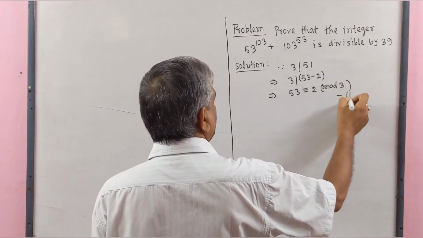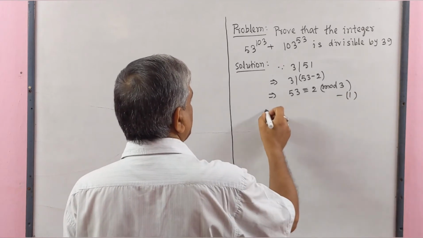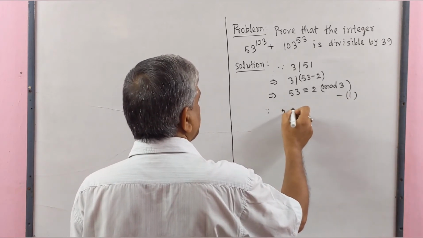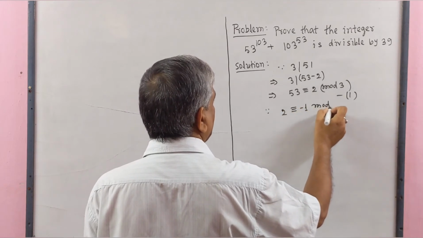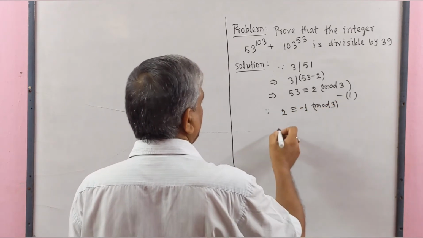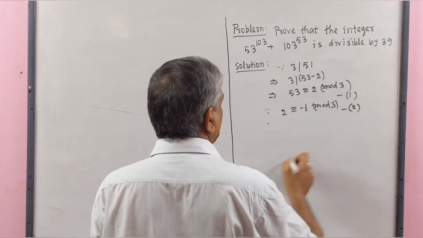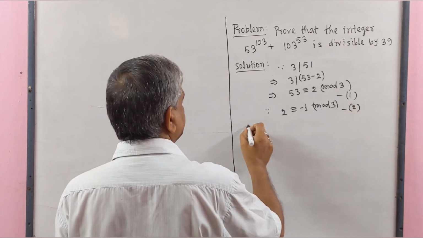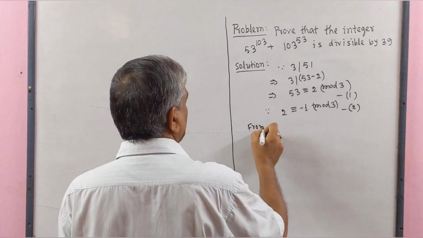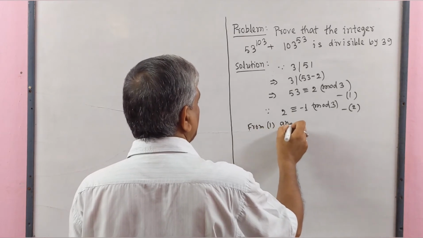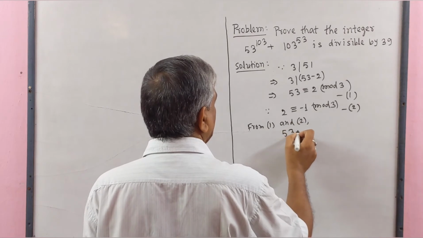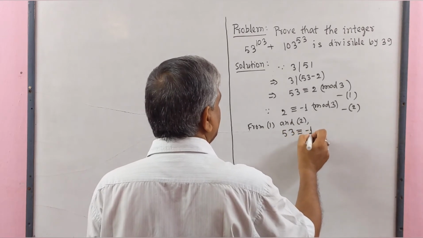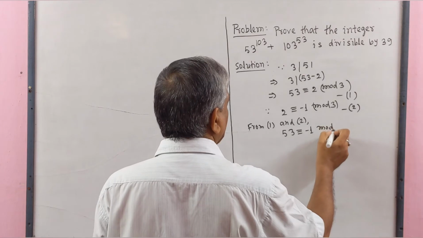This is number 1. Since 2 is congruent to minus 1 modulo 3. This is number 2. From 1 and 2, 53 is congruent to minus 1 modulo 3.